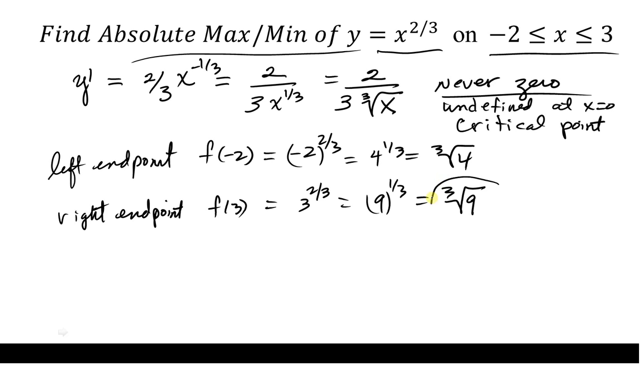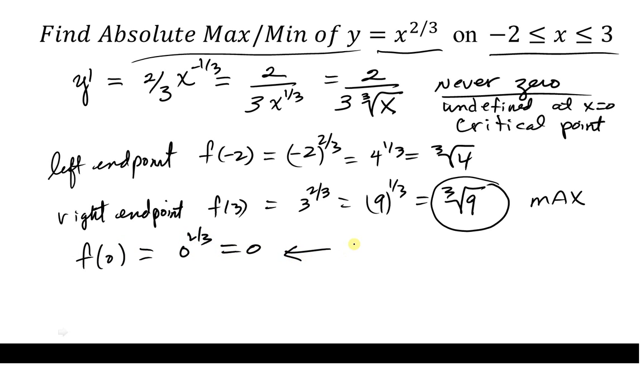Now obviously the right endpoint looks like that's going to be the max. If we look at the critical value, f at 0 is equal to 0 to the 2/3, which equals 0. So this is the absolute minimum value that occurred at the critical point where the derivative was not defined.